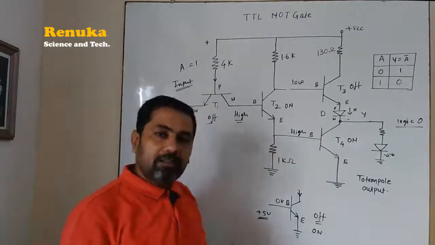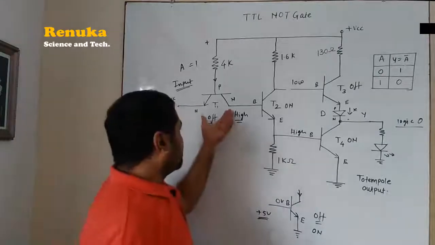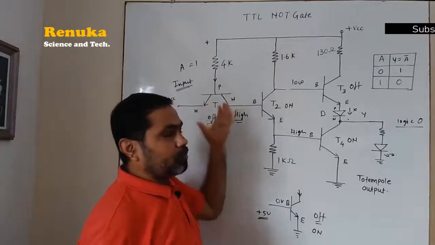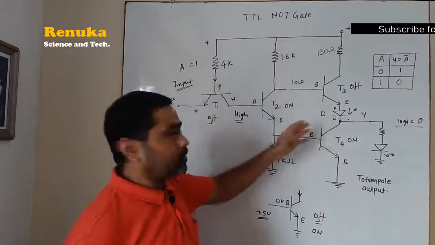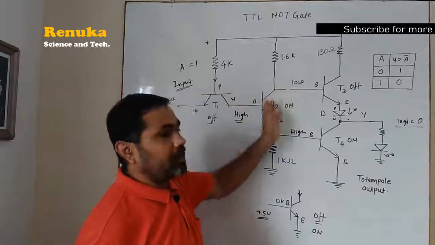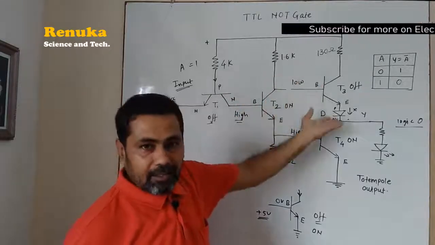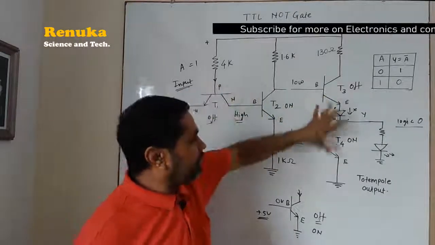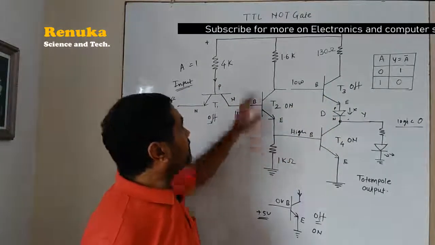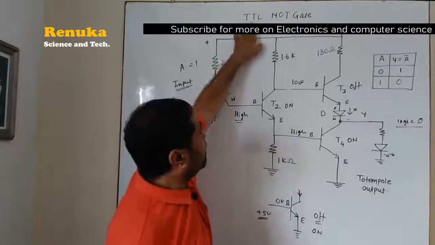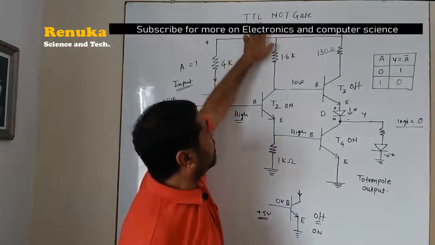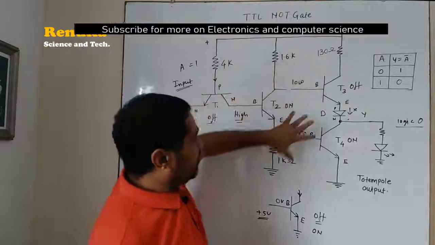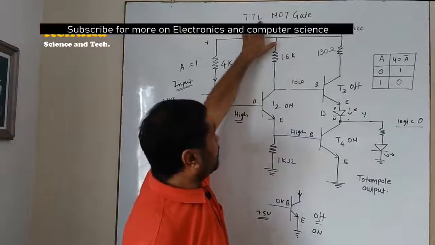Here only transistors are used, and a transistor's output is connected to another transistor's input, and the output of that transistor is again connected to the next transistor's input. So in this way, transistors are connected. That is why this circuit is called transistor logic, and this is the logic circuit.